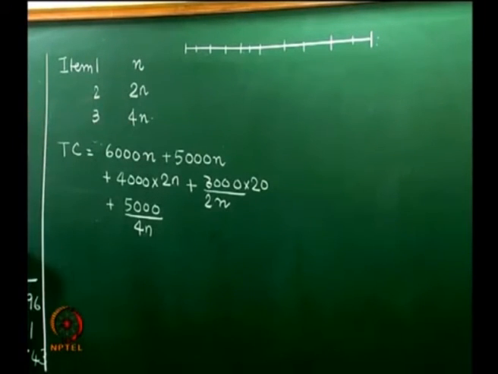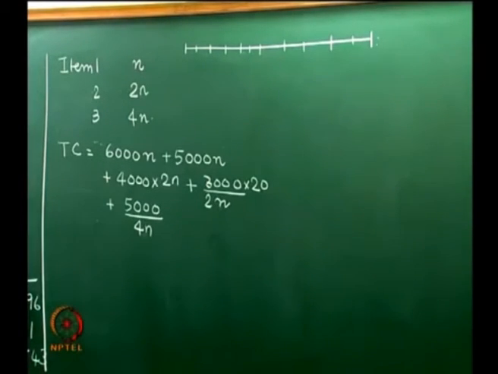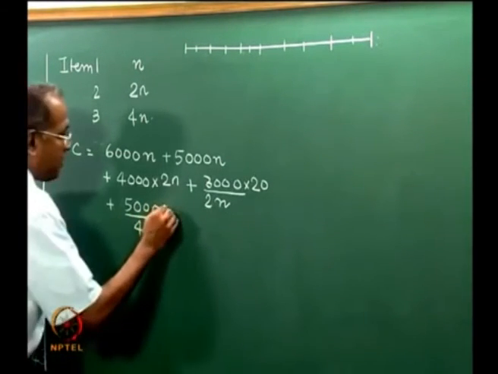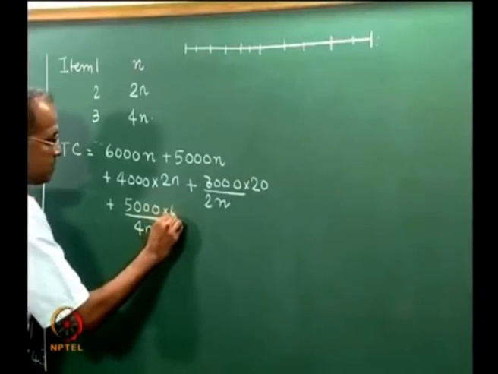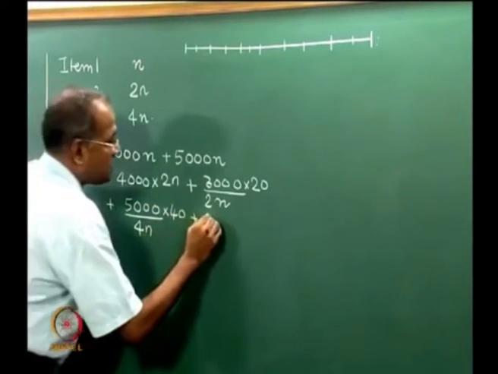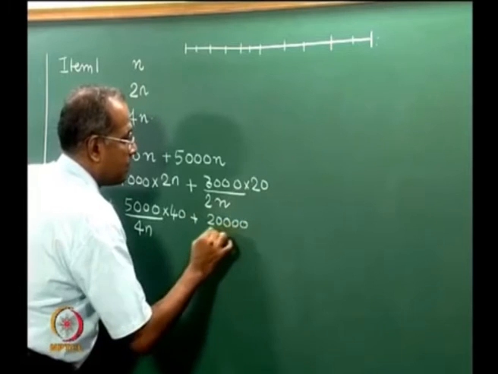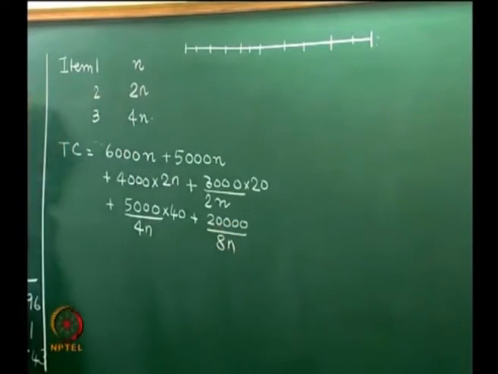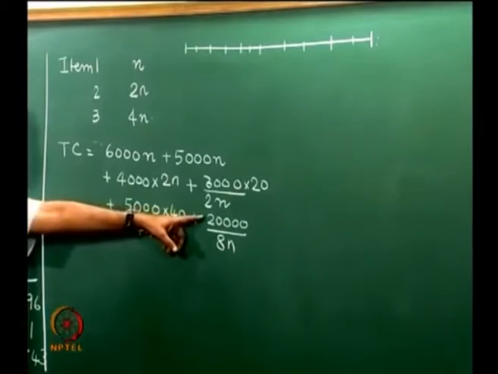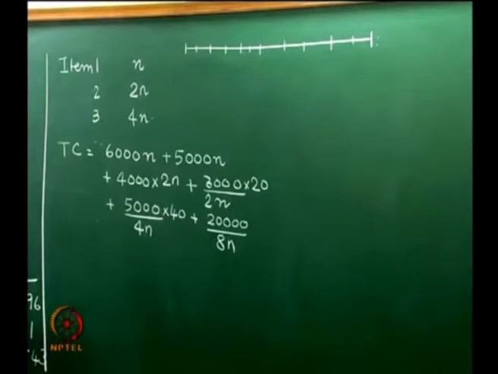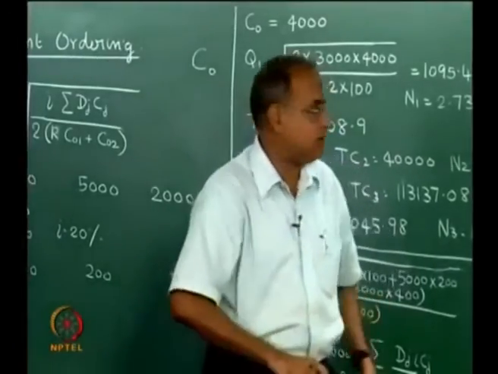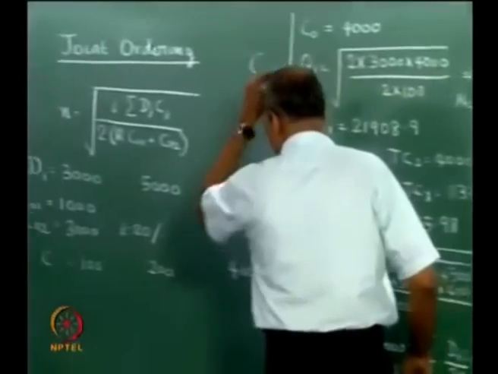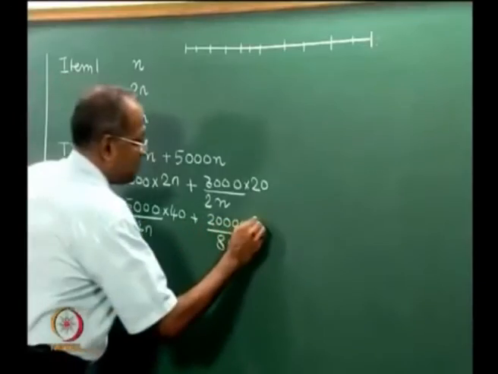So, 5000 by 2n is q, and q by 2 is 5000 divided by 4n into Cc, which is 20% of 200, which is 40, plus 20,000 divided by 8n. The 8n comes because demand is 20,000, there are 4n orders. So, 20,000 divided by 4n is q, that divided by 2, q by 2 into 0.2 into 400, which is 80.